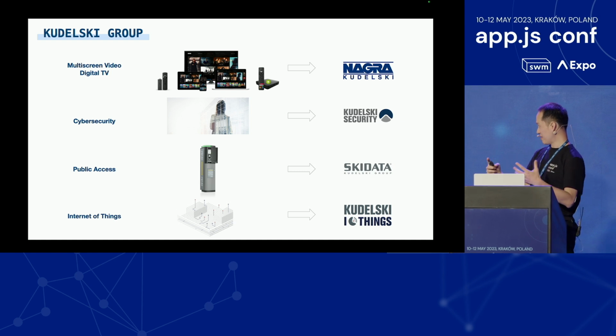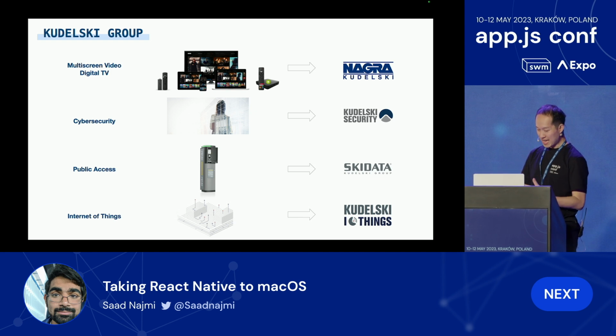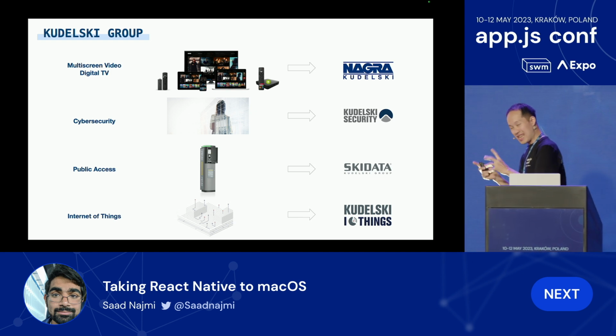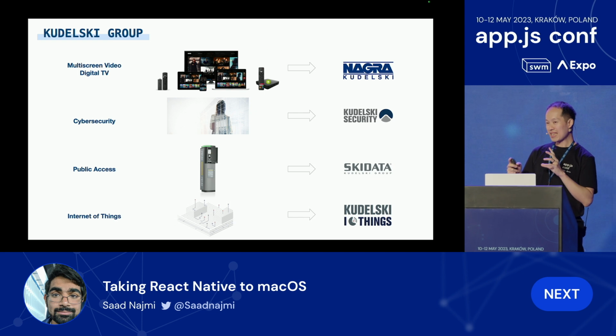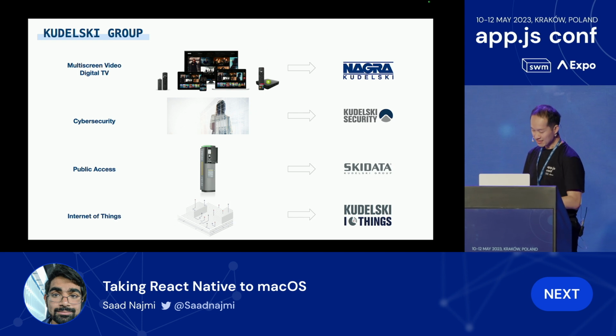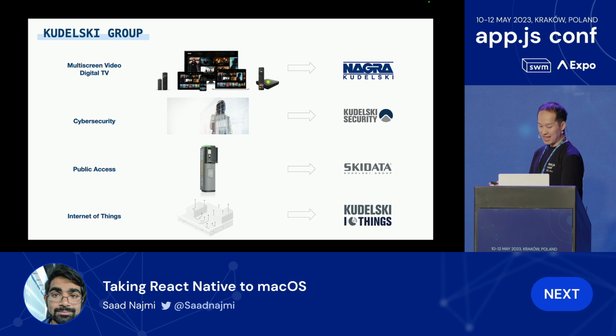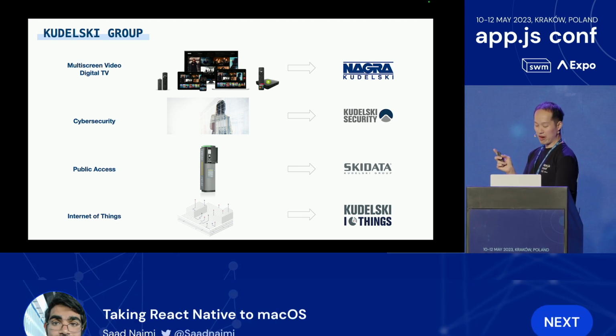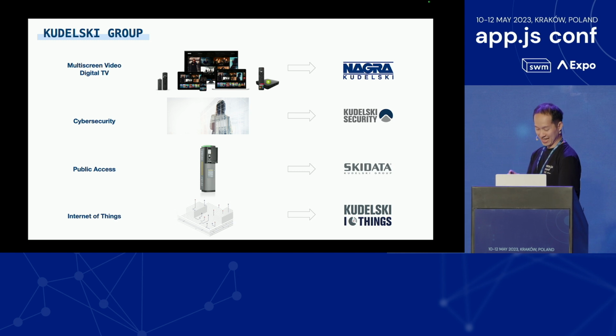And Kudelski Group does a lot of products in the world, like security and IoT. And the Nagra team is focusing on embedded TV set-top boxes. So, what a coincidence, the Kudelski founder comes from Poland.